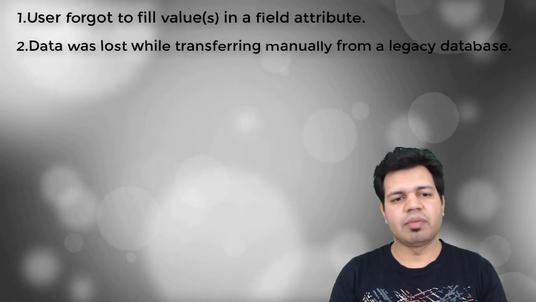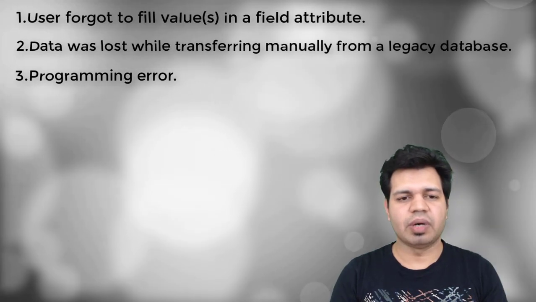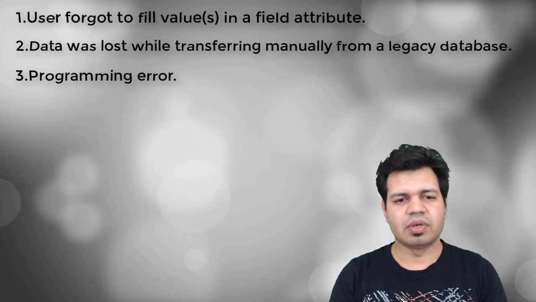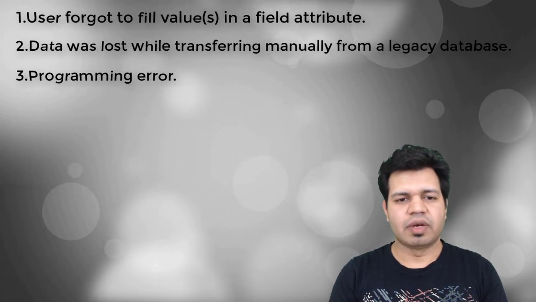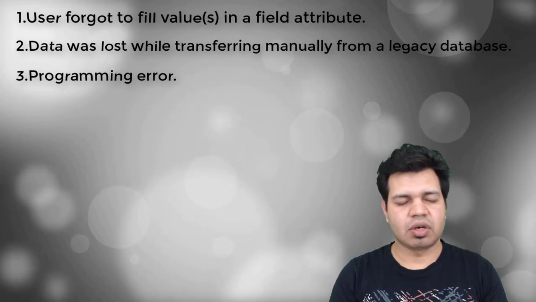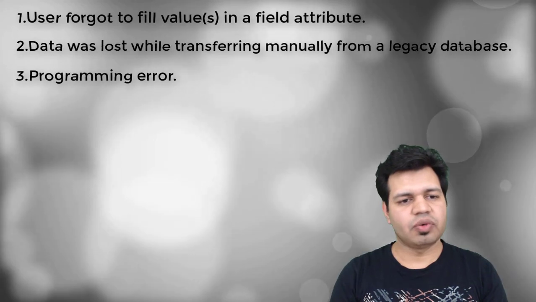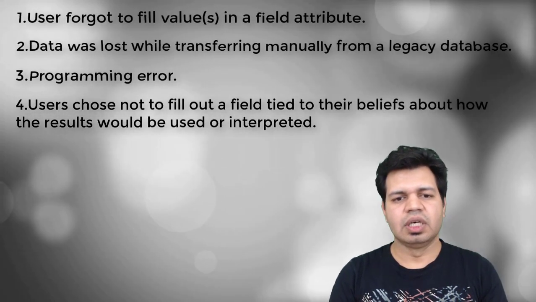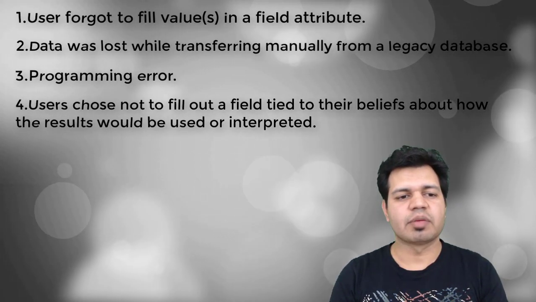Then there are certain programmatic errors. Sometimes when we write a program, due to certain bugs, some of the columns might get some junk values or values which are not appropriate for that column. So that is the third reason. The fourth reason is if a user chose not to fill out a field tied to their beliefs about how the result would be used or interpreted.